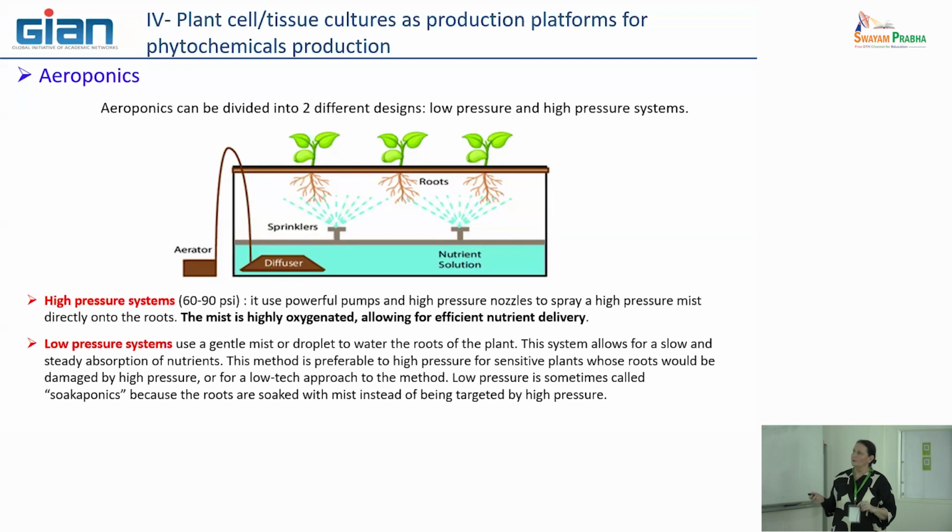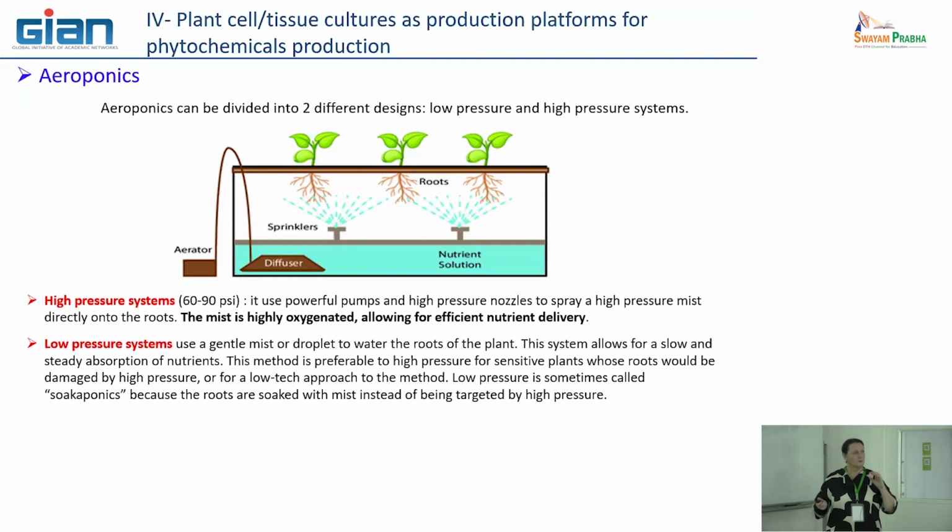Just a detail, there are two types of design. It's just a question of technique here, depending on the pressure with which you spray the nutrient solution on the roots. So you have the high pressure and you have the low pressure system. The first one is efficient for nutrient delivery, the second one is less.